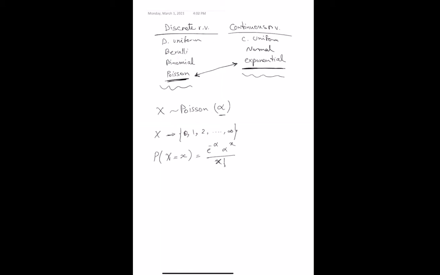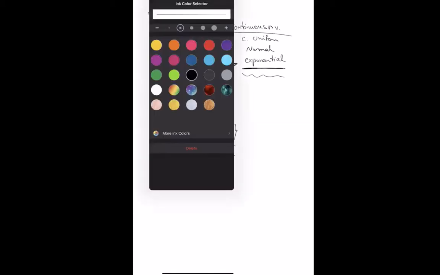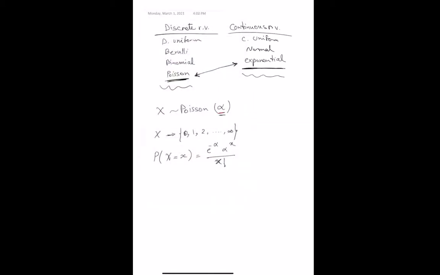One thing you have to pay attention to, which will make your life easy in solving any problem related to a Poisson random variable, is that the parameter alpha shows the average number of events that can happen in the specific time frame we are looking at.